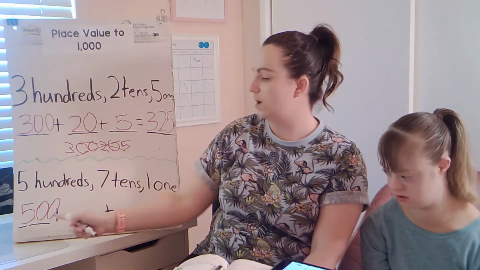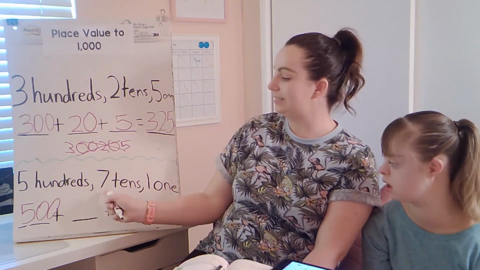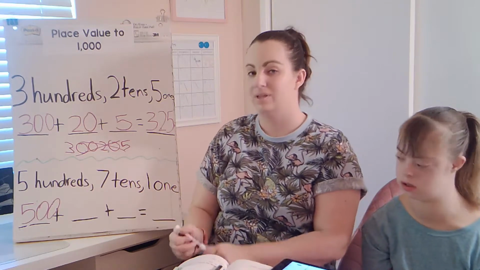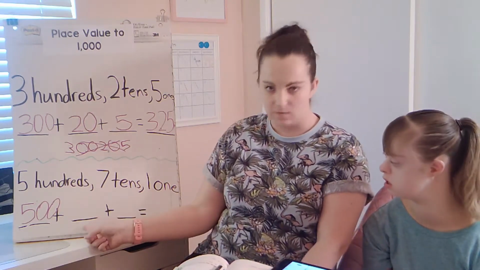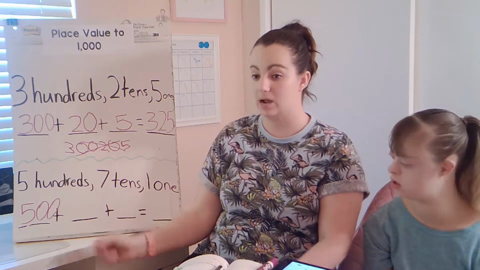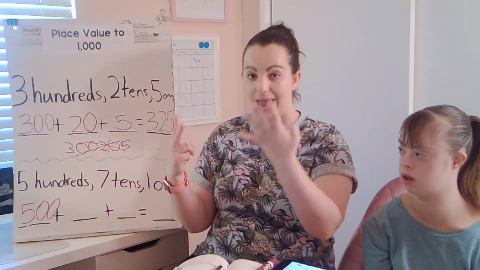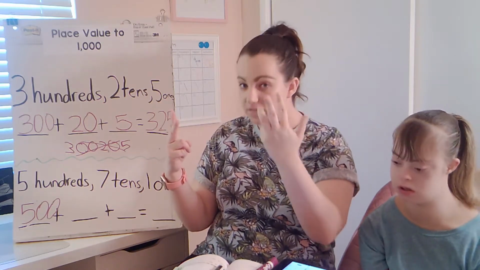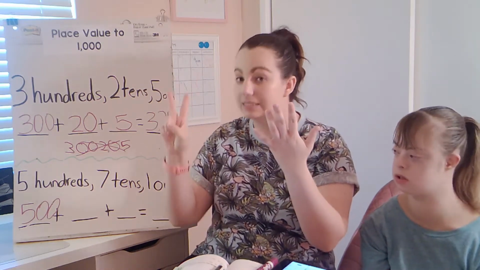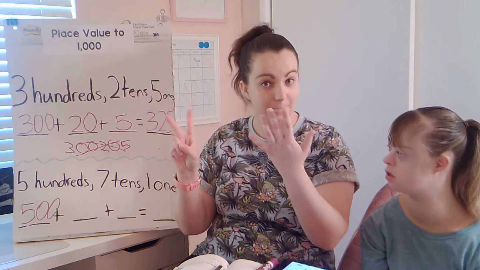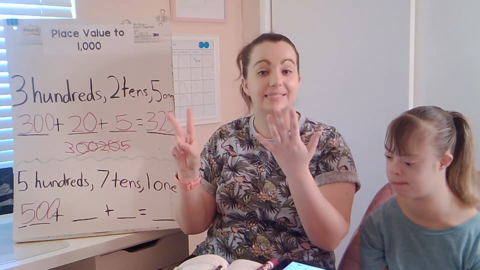Okay? Plus, how many tens do we have? That's it. 7. Good. But do I just write 7? No. It's like counting by 10 7 times. 10, 20, 30, 40, 50, 60, 70. 7 tens is actually what number? 70.